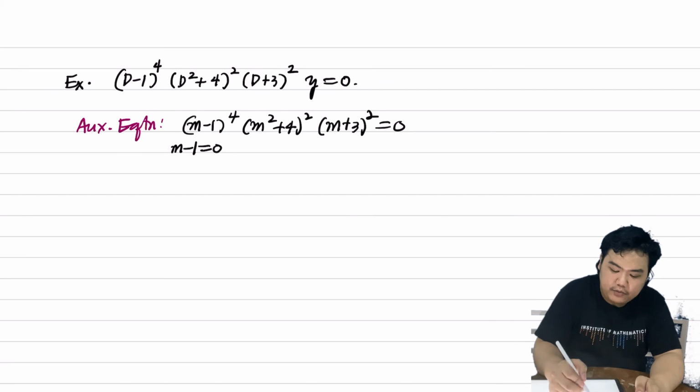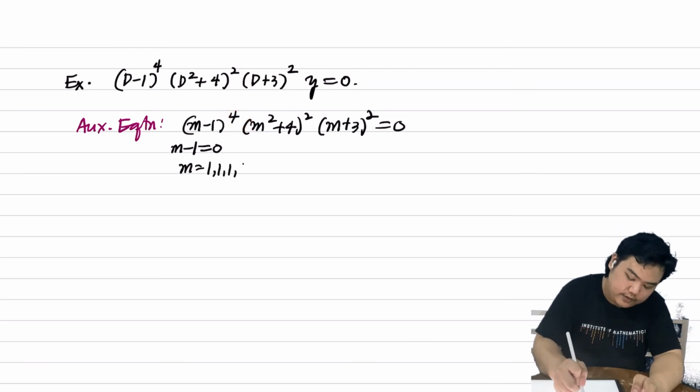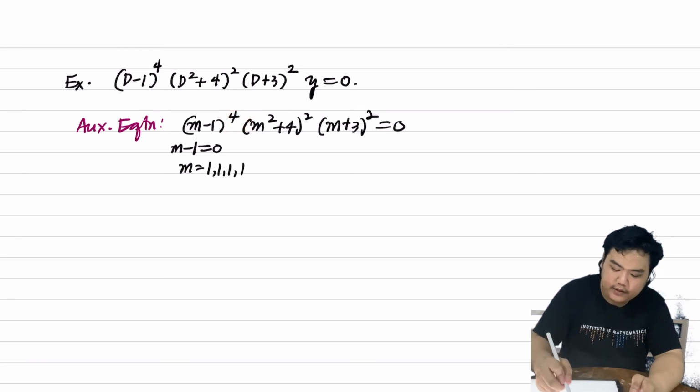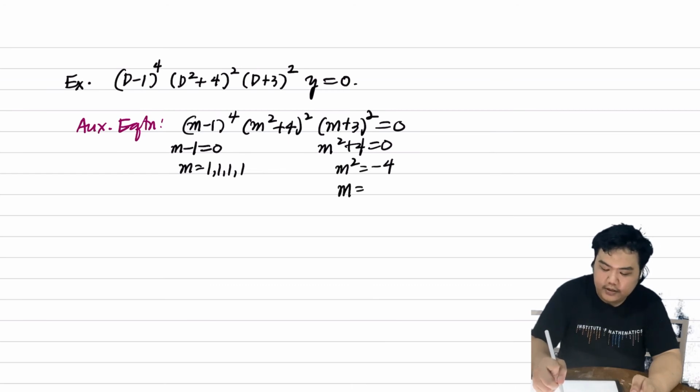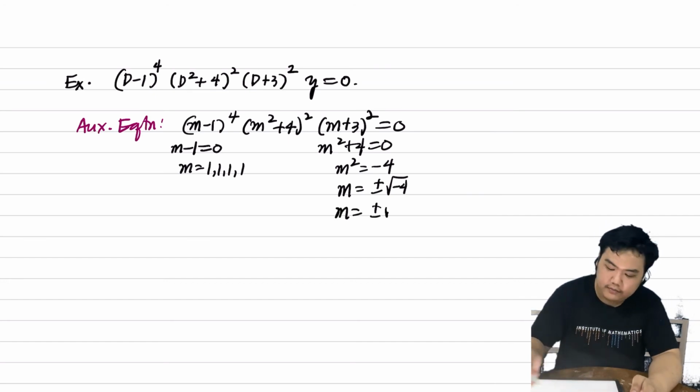So, si m minus 1 muna equal to 0. So, m is equal to 1. But it must appear 4 times because the exponent is 4. Okay? And next, this m squared plus 4 equal to 0. Tapos, m squared is negative 4. So, m is plus minus square root of negative 4, or m is equal to plus minus square root of 4i.